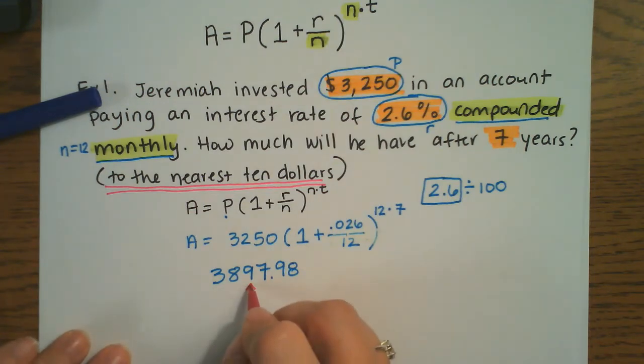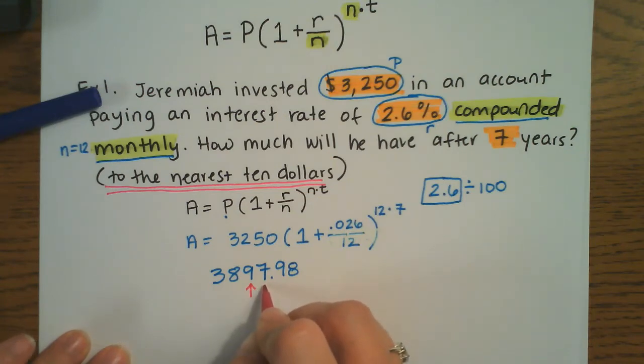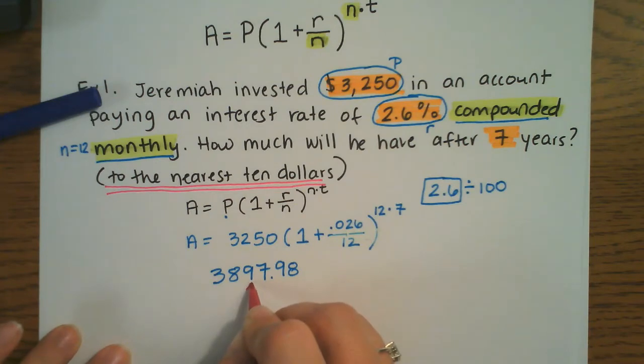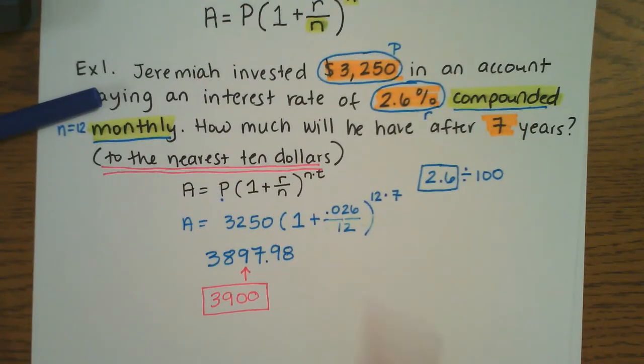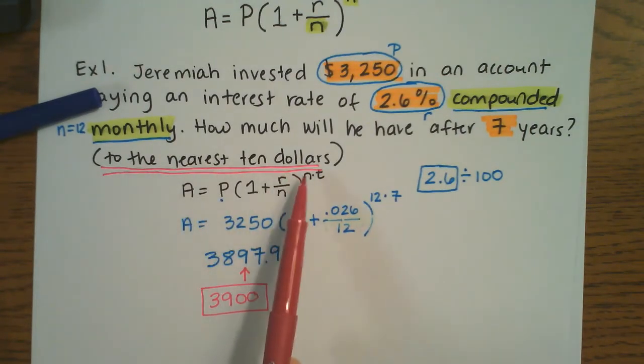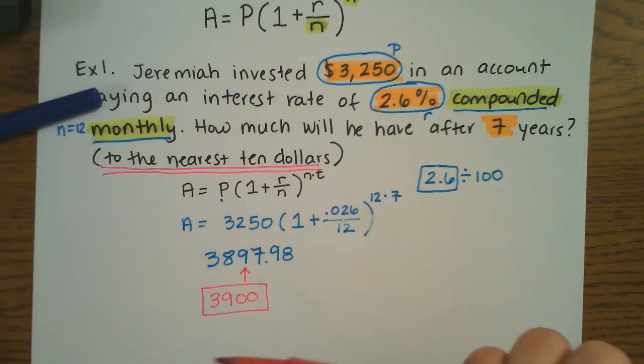But since I'm rounding the tens place, I'm looking to the number next to it. It's a 7. So that's going to round that 9 to a 10, which will actually bring that to a 900. So you have to be careful about what they ask you to round it to. Because they're going to say to the nearest $10, to the nearest cent, to the nearest dollar. They're going to be changing it up on you. Okay?